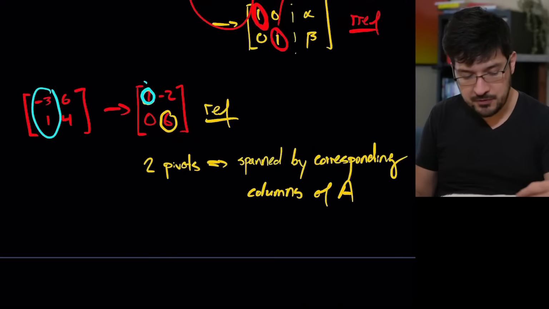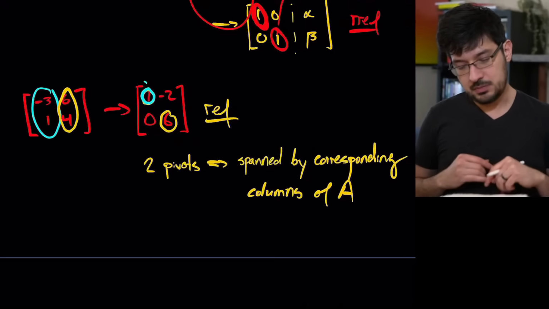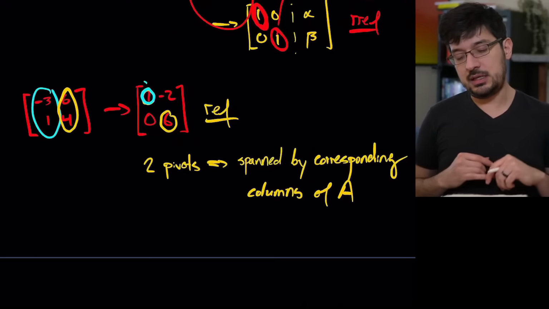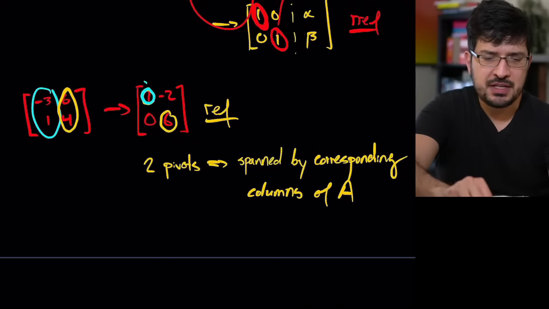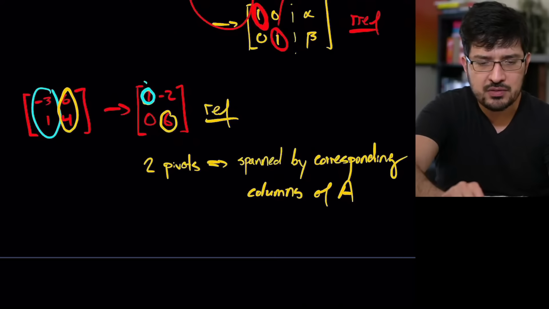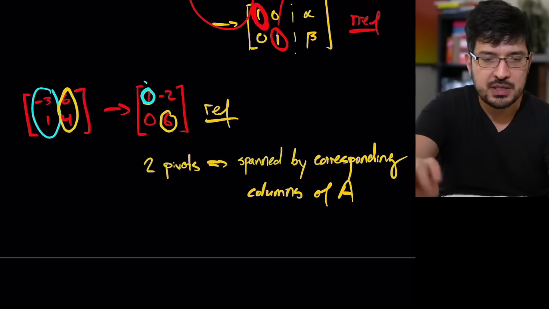Then 6, 4 is also a column, so these two columns form a basis for this subspace.